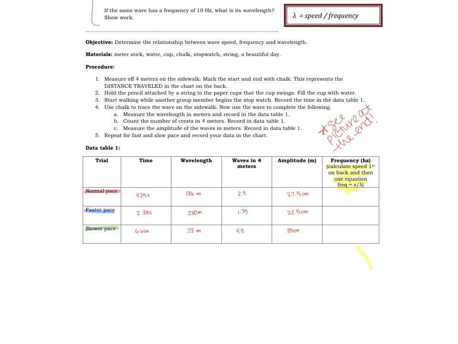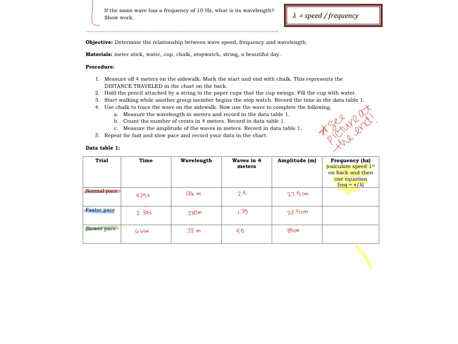When you walked slower, there's actually more waves that were produced on the ground. So hopefully if you look in your data chart, the slower pace should have the most number of waves in 4 meters. So that means that it was more or less frequent? More frequent.